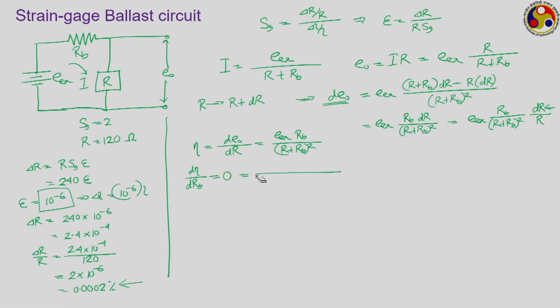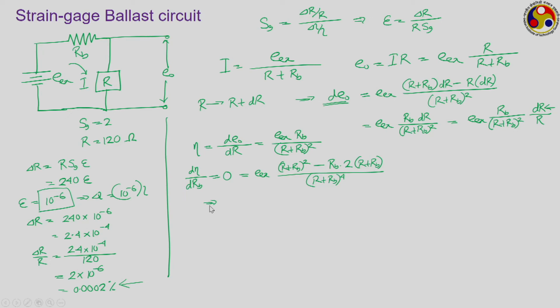So, what are we going to get? EEX was there. So, we have R plus RB whole square, oh sorry, we are just differentiating with respect to RB, minus RB into 2 into R plus RB, divided by R plus RB whole to the power 4.